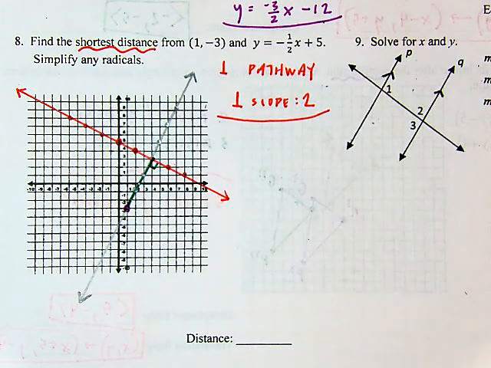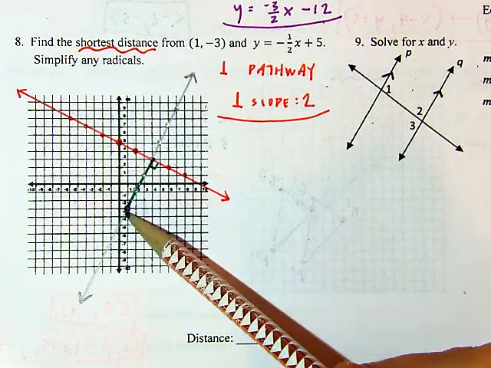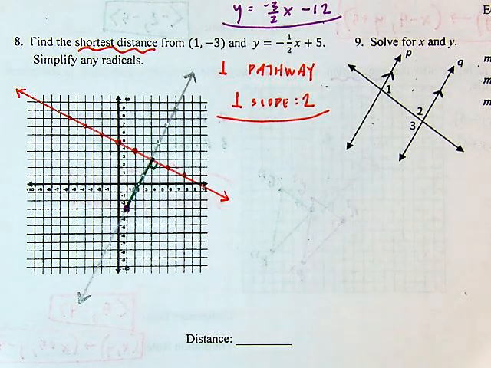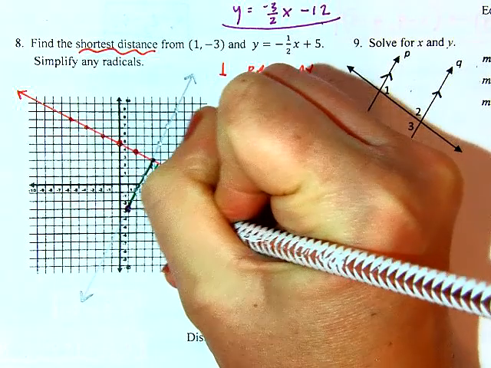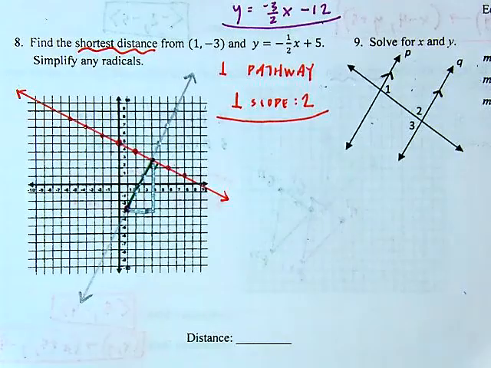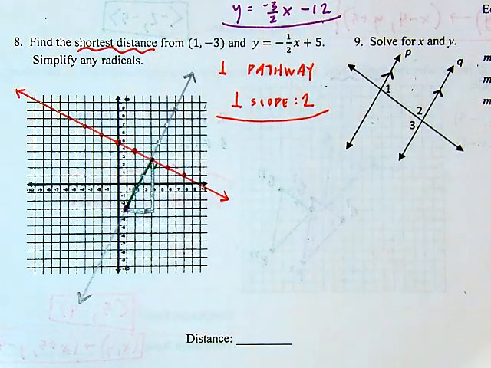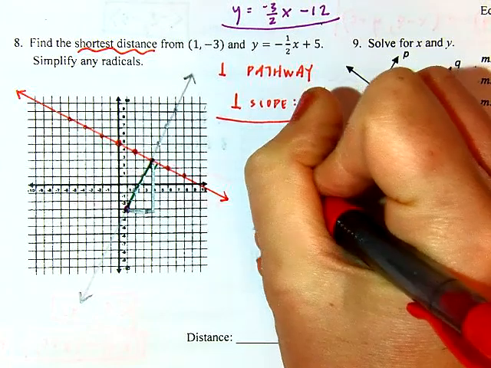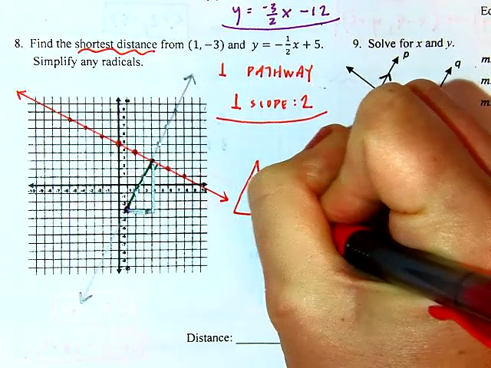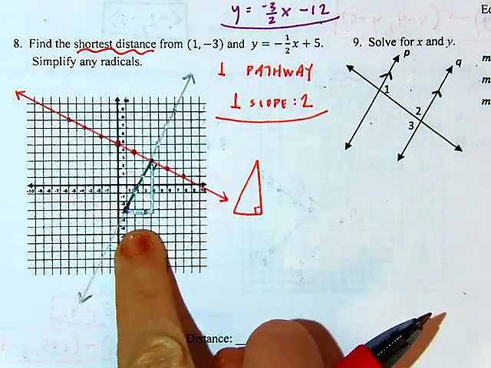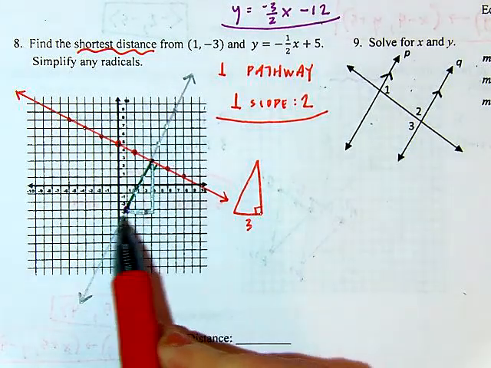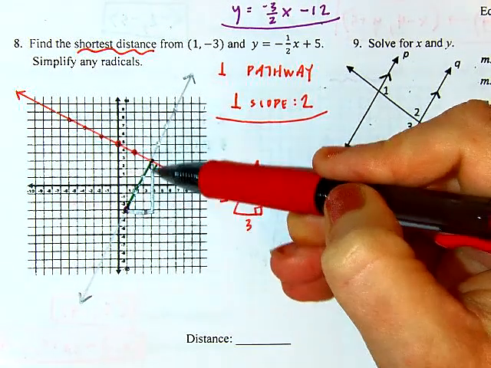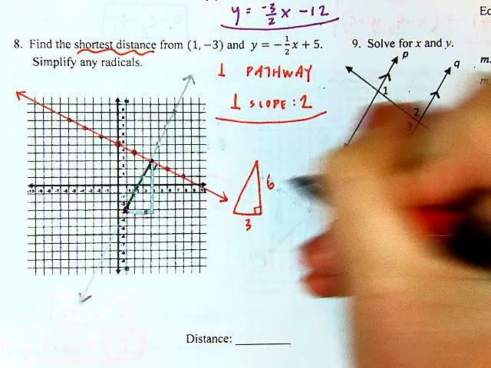So I need to figure out either what are these 2 points, use the distance formula, that's fine, or I can visualize this right triangle like you guys have seen me do a whole bunch in class. If I draw that out, here's my triangle. My leg here is 3 units. That's the horizontal difference between them. And then the vertical distance between them is 6 units.